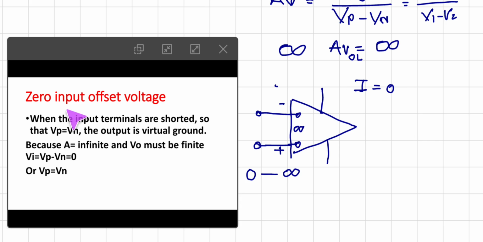But for an ideal operational amplifier, there is a 0 input offset voltage. That means when both terminals are ground, output voltage is exactly 0. When the two input terminals are shorted, Vp is equal to Vn. So when both voltages are same, the output is said to be virtual ground. We are going to see the virtual ground concept in detail later on. So remember the characteristic: 0 input offset voltage.